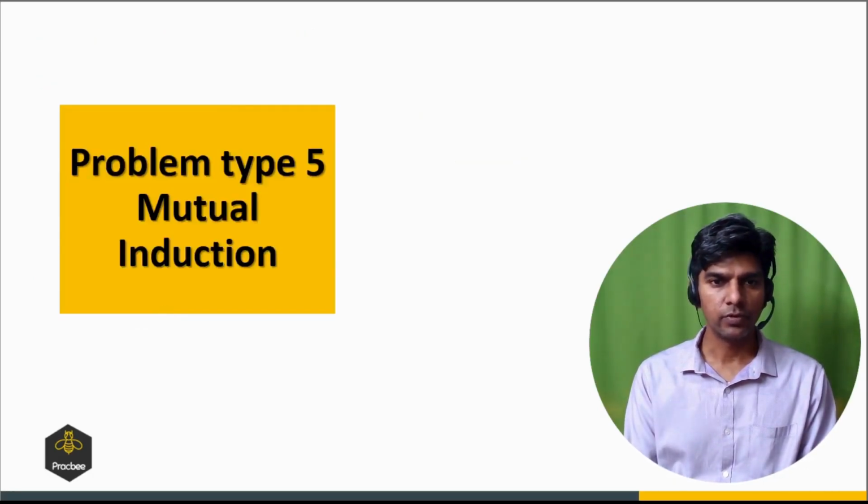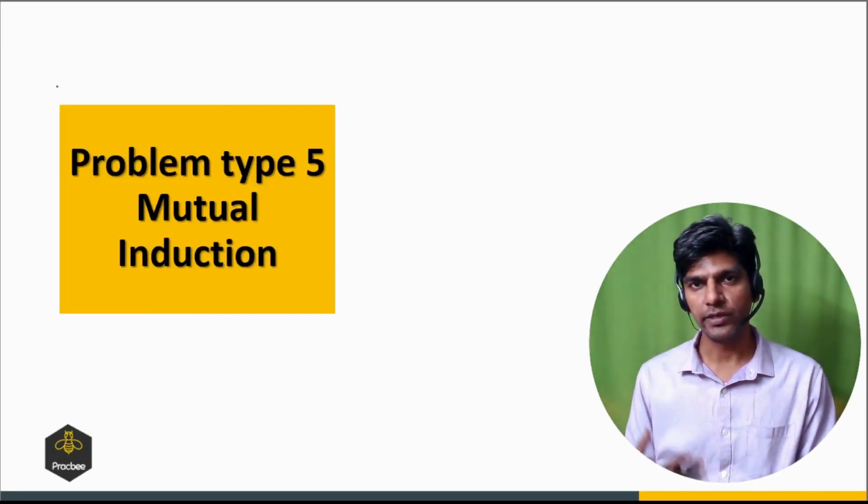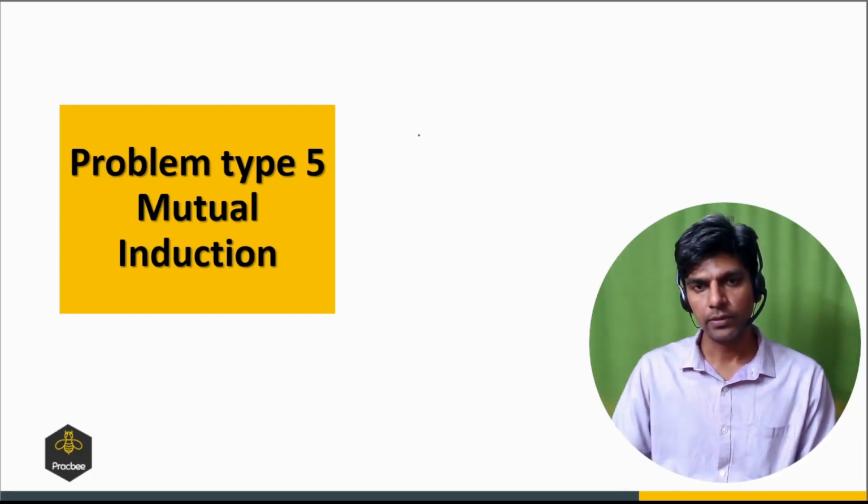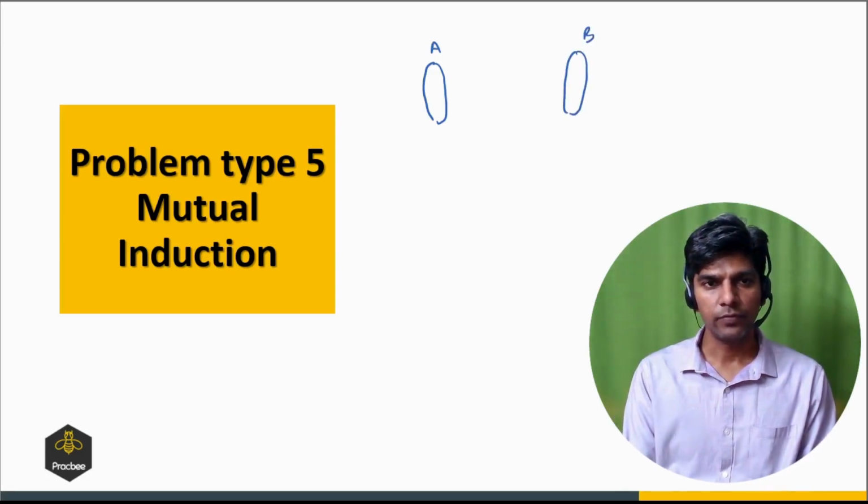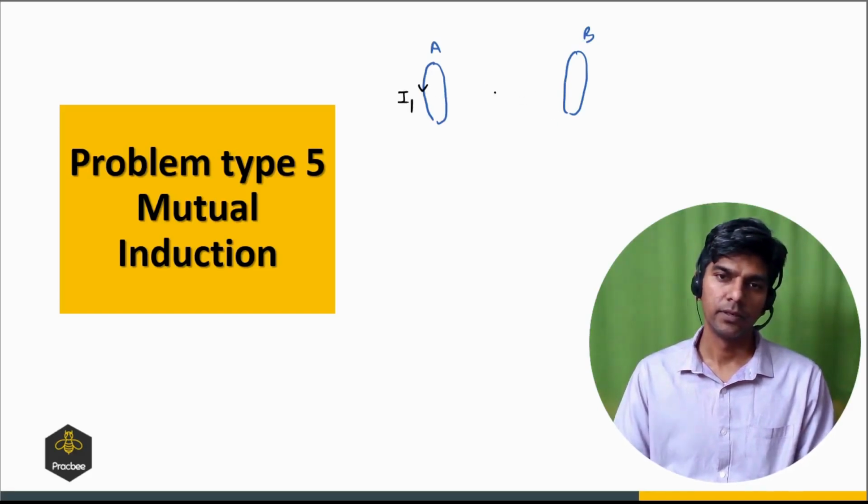Now let us see the next problem type, and it is based on mutual induction. So what do you mean by that? If there are two coils, this is coil A and this is coil B. And if we set up some current in the coil A, that is the current is I1, right? So the flux linked with the coil 2, so this is coil 1 and this is coil 2.